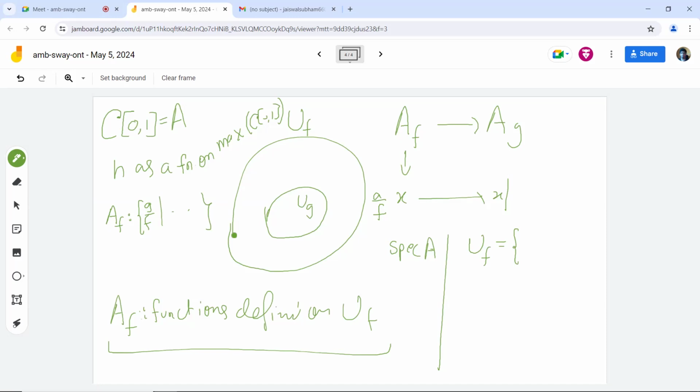And that is basically those points p of 0 comma 1 such that f(p) is not equal to 0. And this basically means that Uf is the domain for the elements of Af. Now it's concretely there, right?